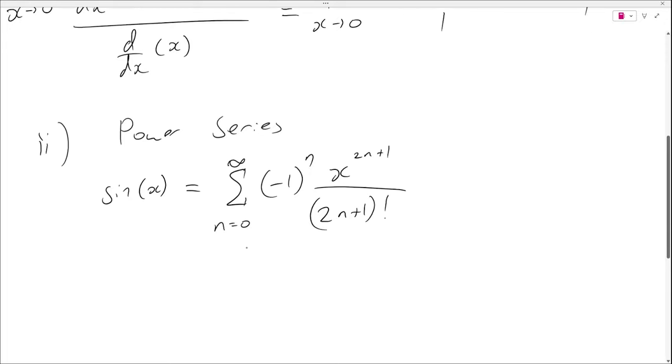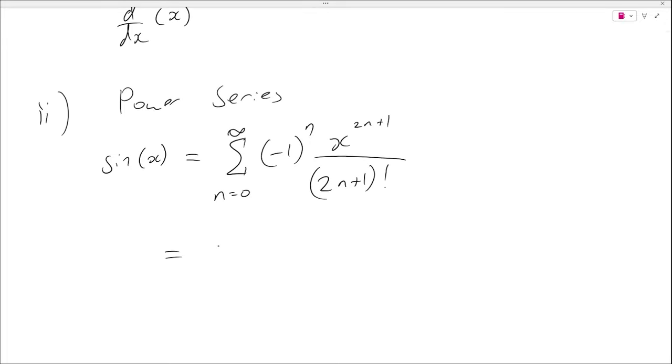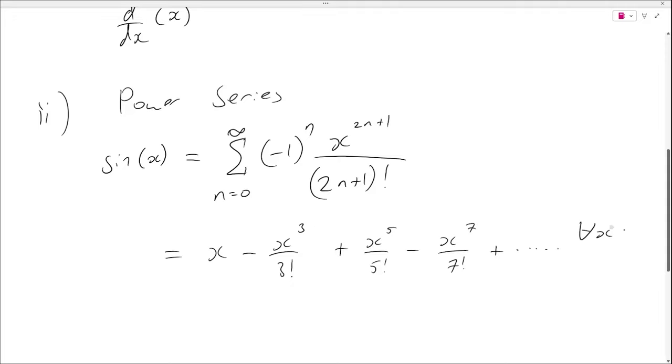But when I start writing this out, it will look so much simpler. So when we start evaluating this, we'll see that it's equal to x minus x cubed over 3 factorial plus x to the 5 over 5 factorial minus x to the 7 over 7 factorial plus so on and so forth, right? So this is going to be valid for all real values of x.